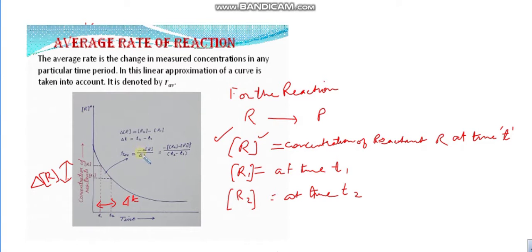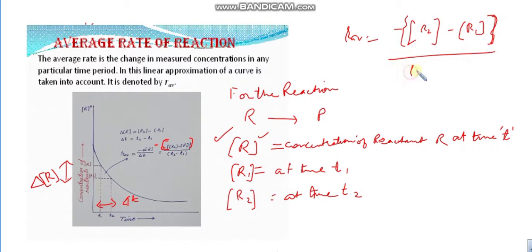So why we have taken a negative sign? Because concentration is decreasing. So we can write here negative R2 minus R1. So we can write here R average is equal to minus concentration of reactant at time t2 minus concentration of reactant at time t1, divided by t2 minus t1.